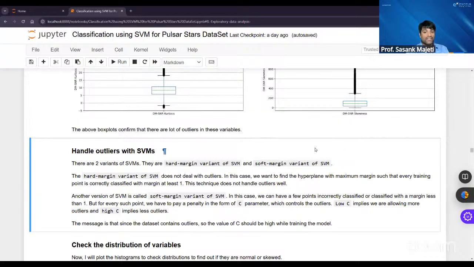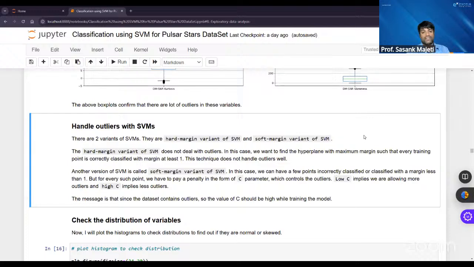So now let us try to understand how to handle the outliers when we deal with SVMs. There are two kinds of ways to handle them: the first is the hard margin variant, and the next is the soft margin variant.